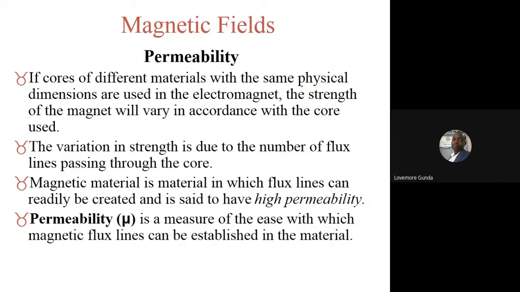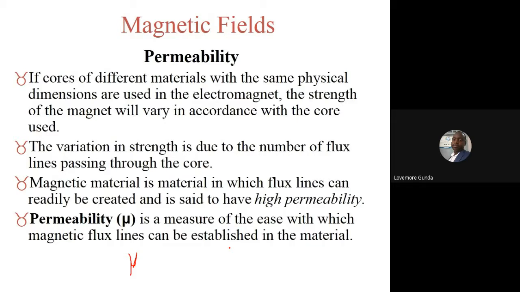So permeability, given by mu, is a measure of the ease with which magnetic flux lines can be established in a material. So we're talking about how easy it is to establish flux lines in a material. That becomes its permeability.